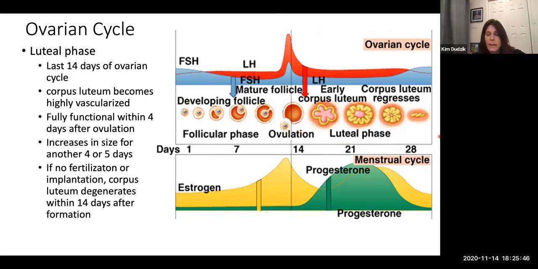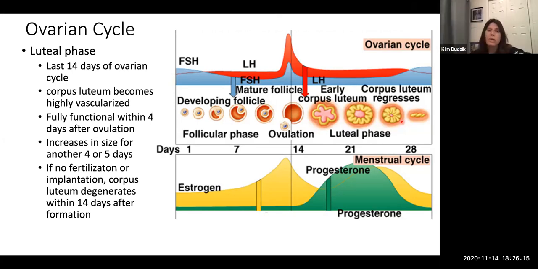If pregnancy does occur, then the corpus luteum is maintained. And the reason why it's maintained is because by the time the fertilization occurs and the zygote divides as it moves through the fallopian tube, by the time it reaches the uterus itself, it's an embryo of about 60 to 150 cells.